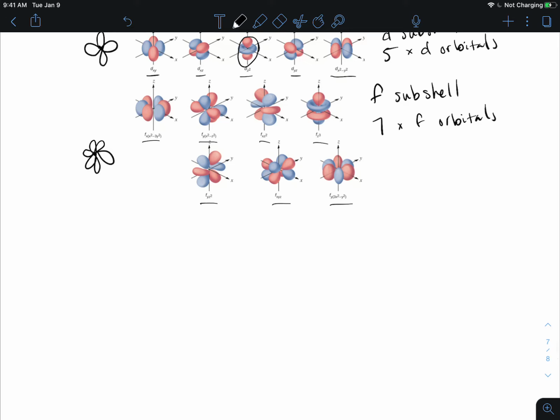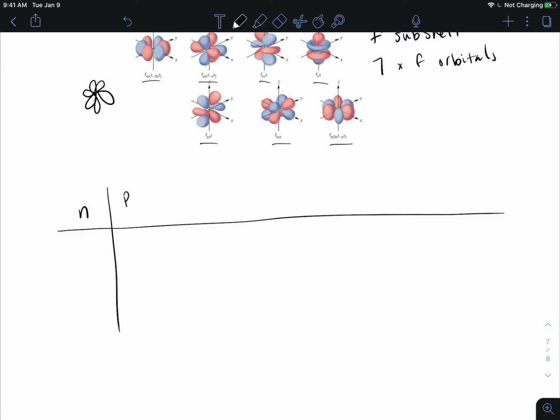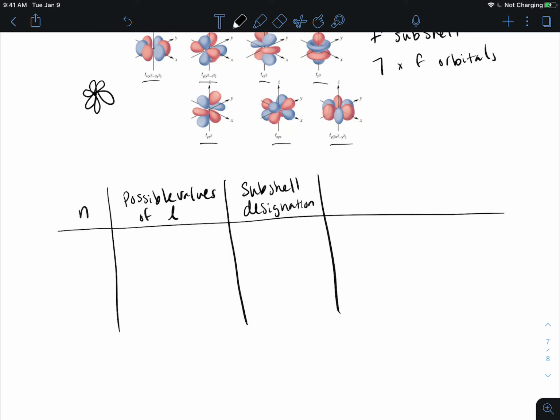So when we think about our possible values of our quantum numbers, we usually arrange it by our principal quantum number. So we have n, and within n, we have different possible values of L. Then we have a subshell designation, what we call that subshell.